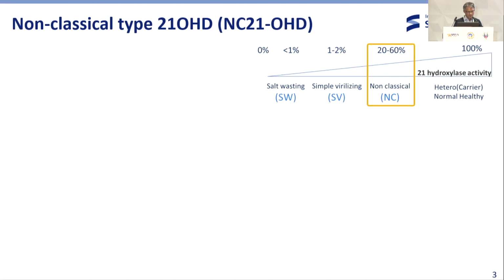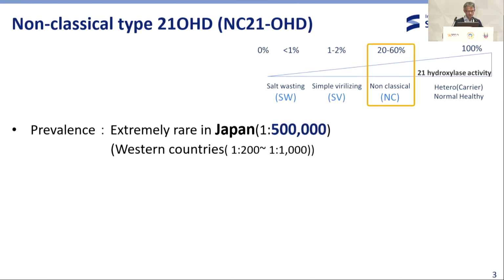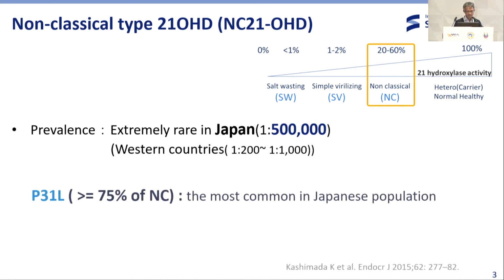The non-classical type is quite rare in Japan, and the P31L mutation is the most common.